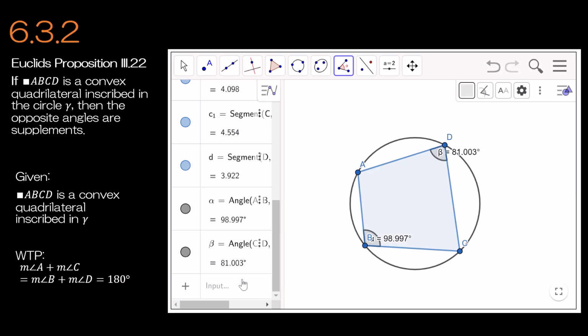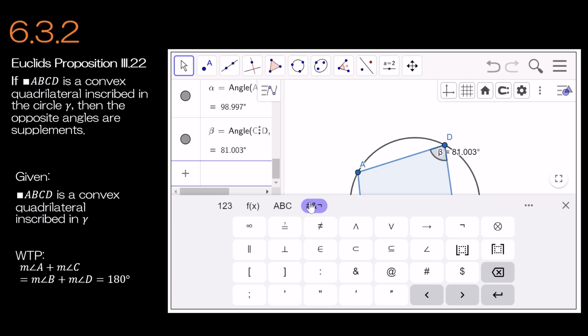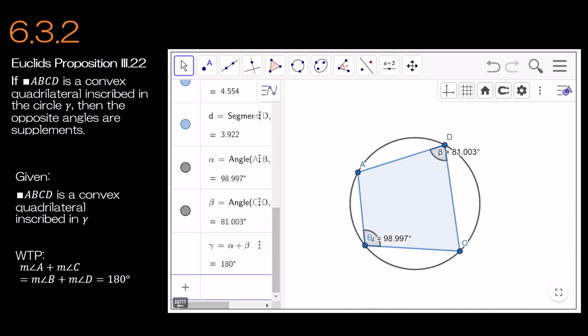So of course we can actually find that. We can come down here and say alpha plus beta, and we see that it's 180, and we could obviously show that as well on the screen, but we're not going to do that here because this is less about the construction and more about the proof.